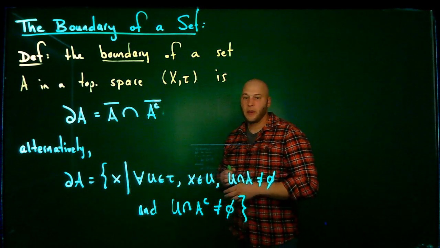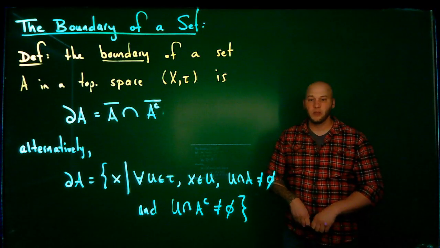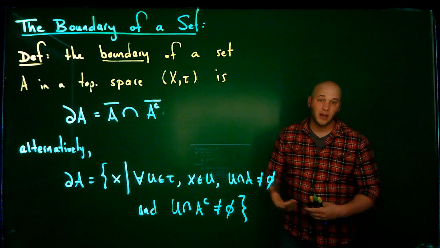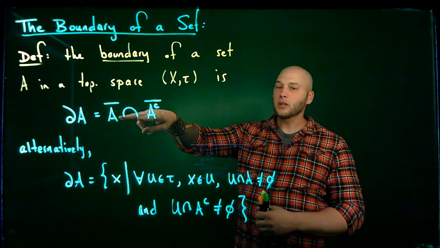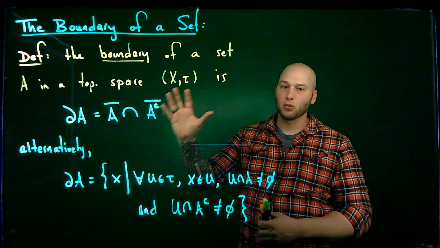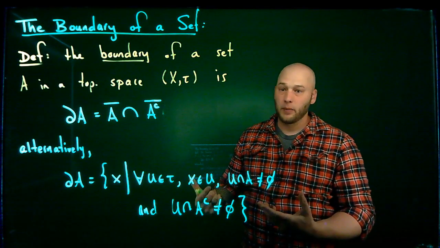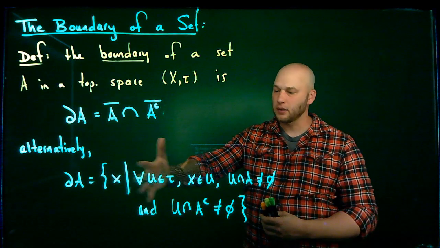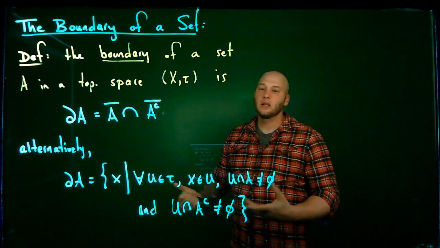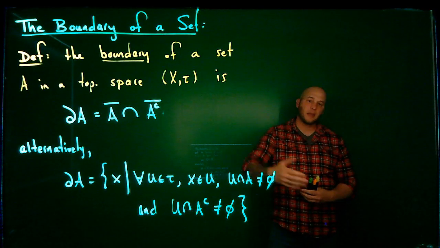Depending on what textbook you use, you might see one of those two definitions, if not both. I'm going to use the first definition as more of a constructive definition, where I'm actually able to construct boundaries, and then we can just check to see if what I come up with for the boundary does satisfy the second definition.